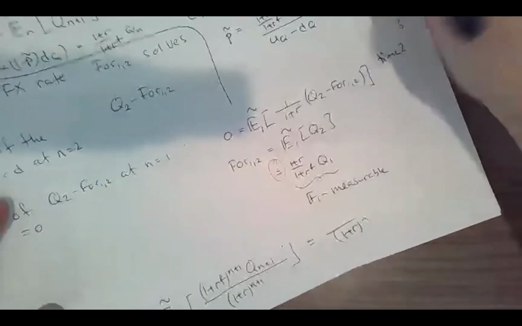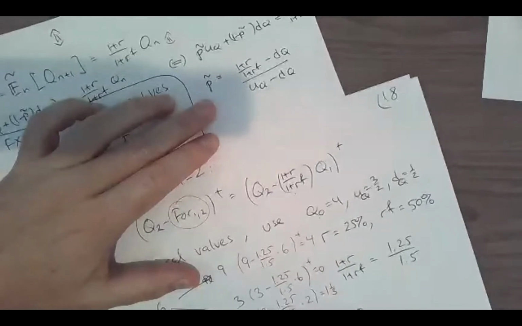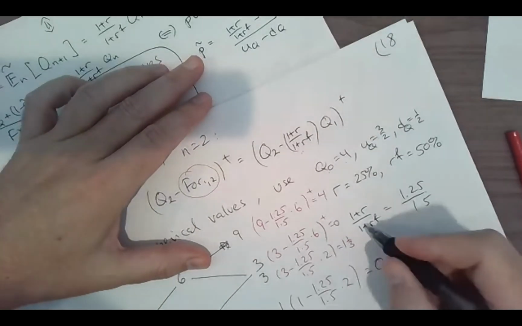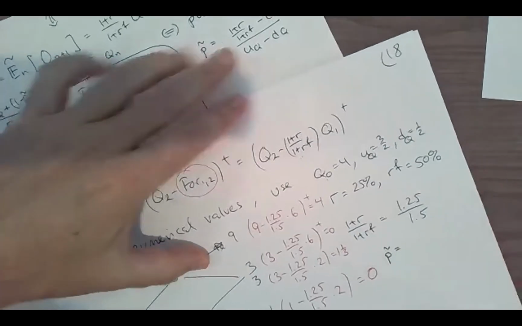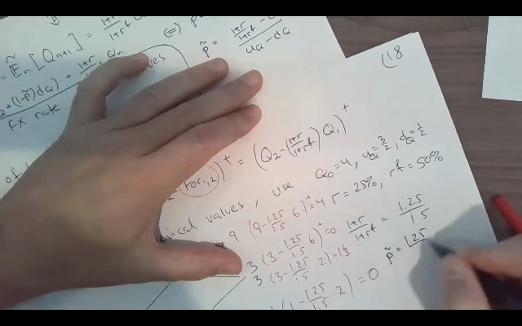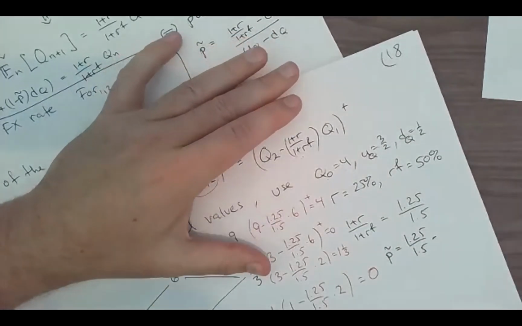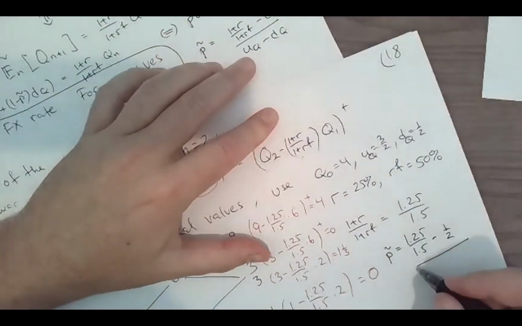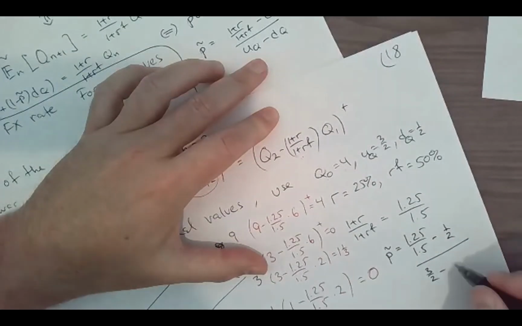And so we'll need those. If you want to do actual numbers, we need to figure out what those values are. What is P tilde here? So we had P tilde is equal to that ratio, 1.25 divided by 1.5, minus DQ, that was a half, divided by UQ, that was 3/2, minus a half.